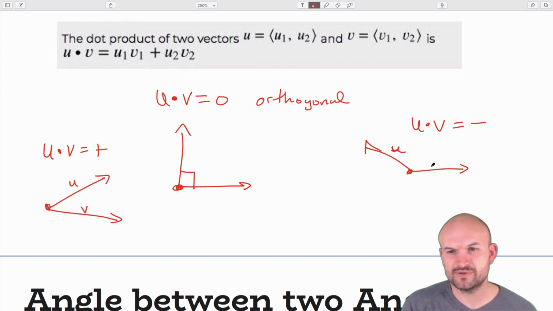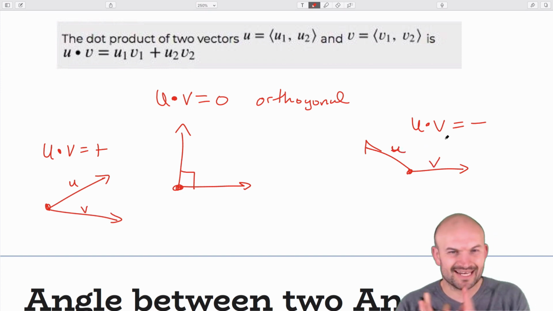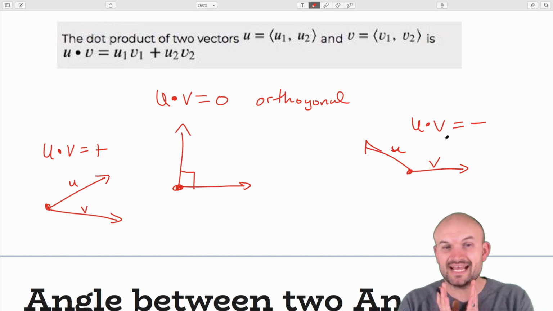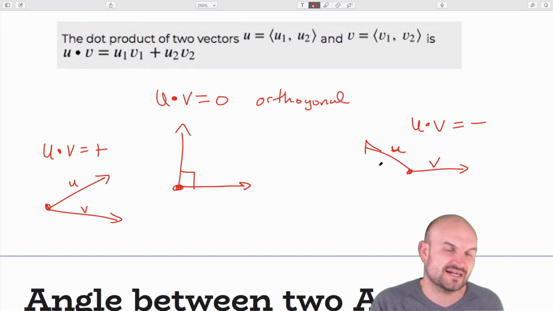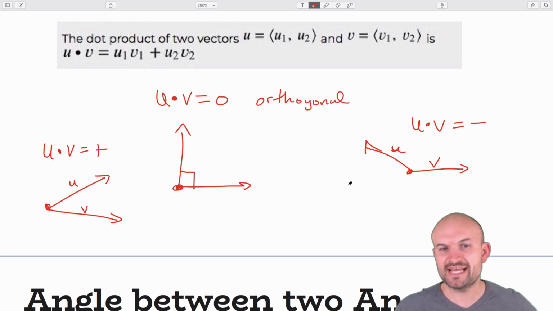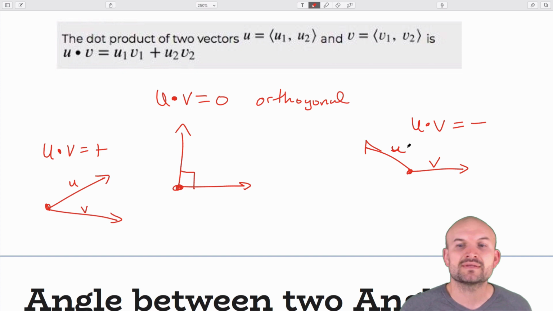So let's call this one u, and that's v. You can see this scalar: what the dot product does is it produces a scalar, and it tells us how these two vectors are related. If it's positive, they're in the same direction. If it's 0, then they're orthogonal or perpendicular. And negative means they're in opposite directions.